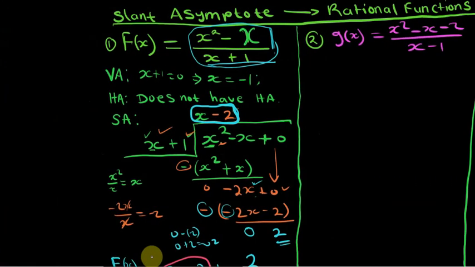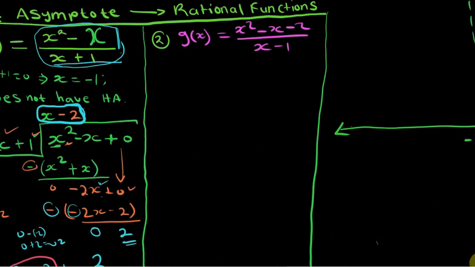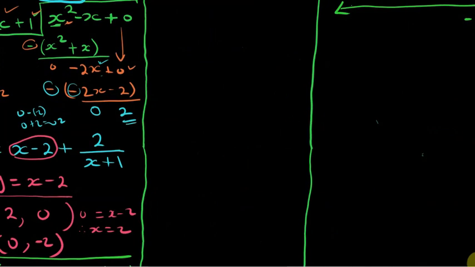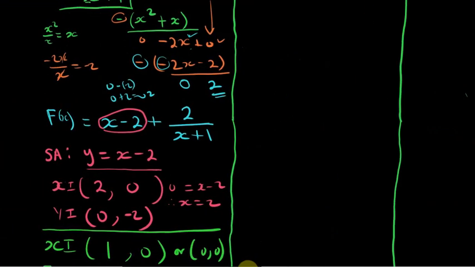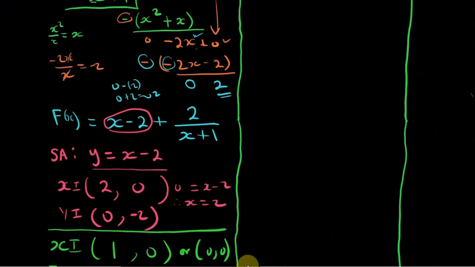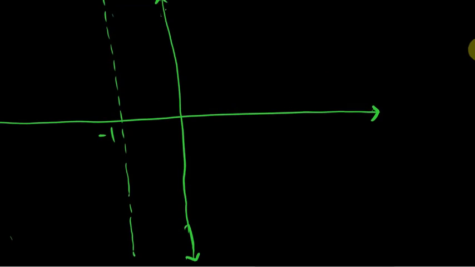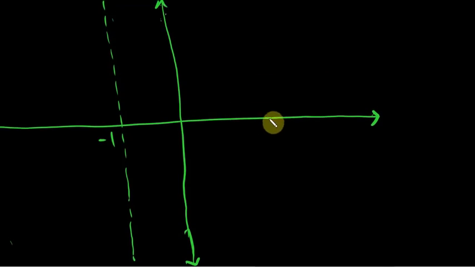Okay, we already have the x-intercept and the y-intercept for that. The x-intercept is at 2, 0. X is 2 when y is 0. And we have the y-intercept: x is 0 when y is minus 2.